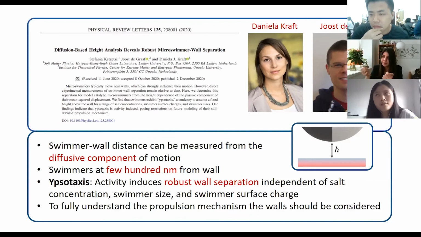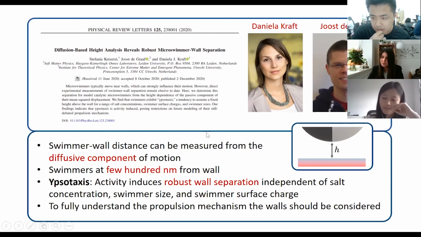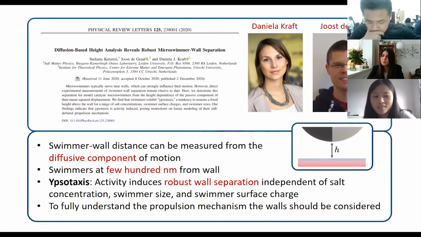So in this particle-wall system, you have these phoretic flows and osmotic flows. We think that these are responsible for the particle being kept balanced at a fixed distance from the wall, sort of lifting the particle. So what we say is that the electrostatic contribution is not a dominant contribution to this tendency that we observe in the experiment.